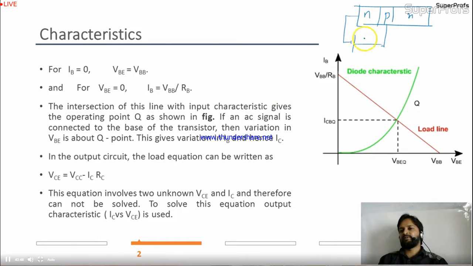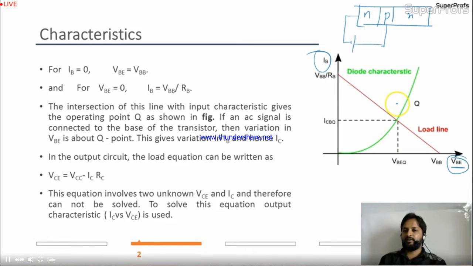So this is a diode, this is the diode characteristic, simple. VBE you apply to it and you get IB in it. Is it okay? So what is the load line? We are drawing the load line over here, and when the load line and the diode characteristics cut each other, this is the operating point.